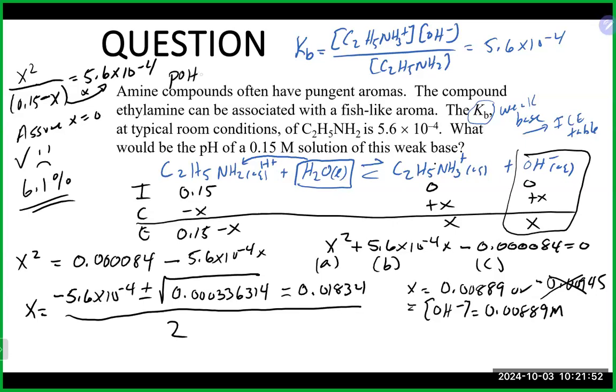So the POH is minus the log of our hydroxide, 0.00889. So minus the log of 0.00889 is going to give us a 2.05 on our POH.